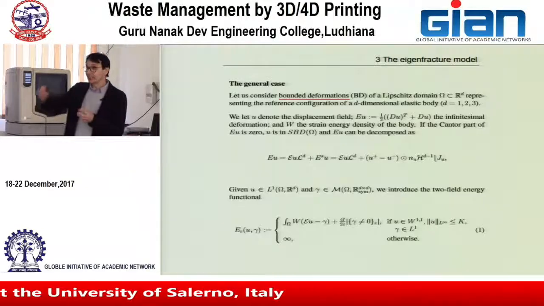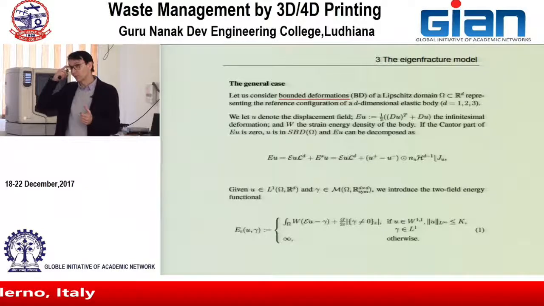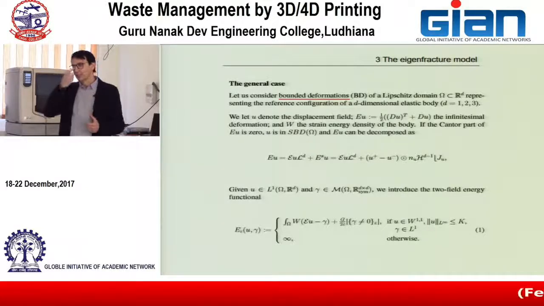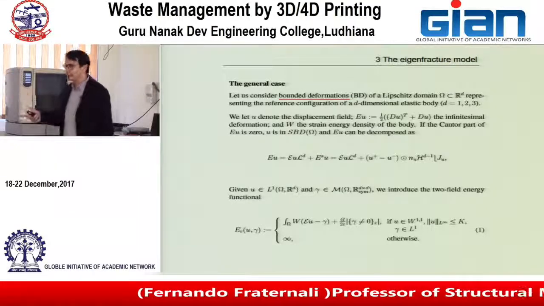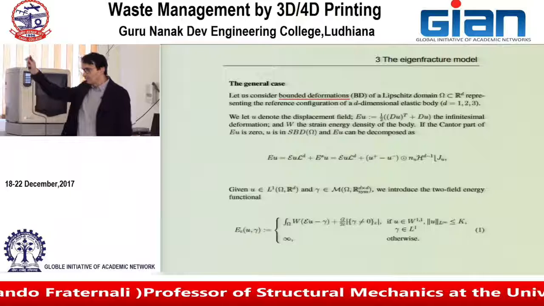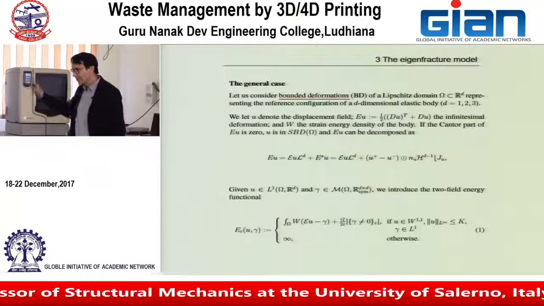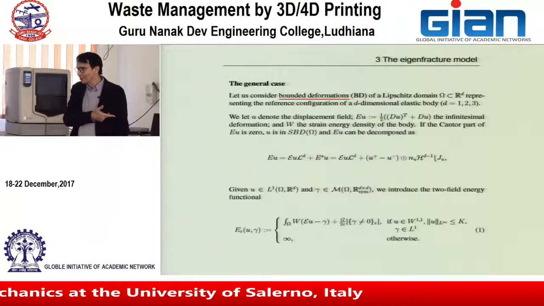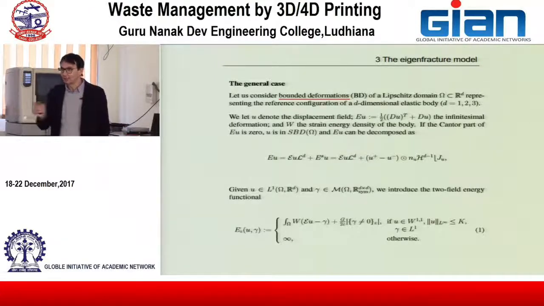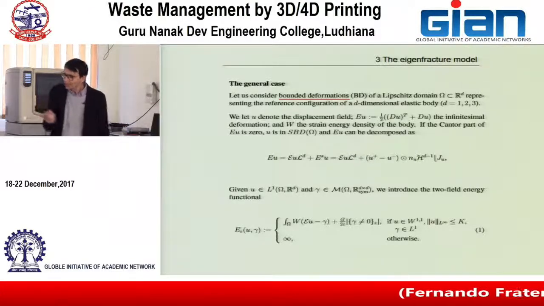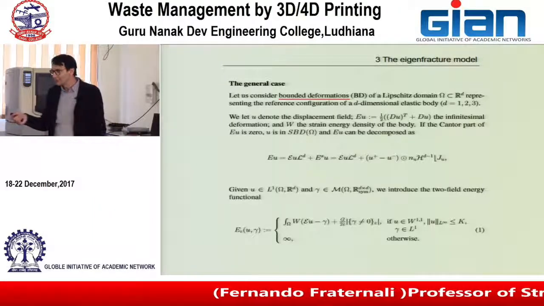But we don't know where this gamma is. And the energy that we want to minimize, we want to know where gamma is, which elements are damaged, by minimizing this energy. So the minimization of this energy should tell us which elements are damaged or which not. Okay?